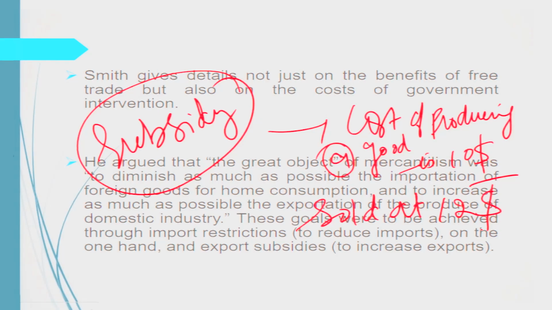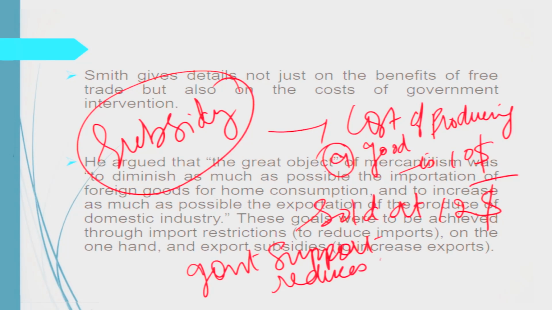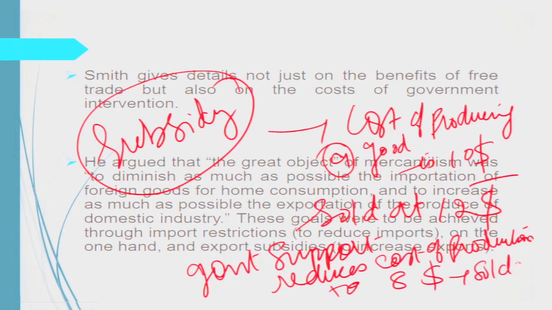Now there is a government support, and government support reduces the cost of production to $8 and it is sold at $10. Now you can see there is a $2 subsidy, what is the effect?